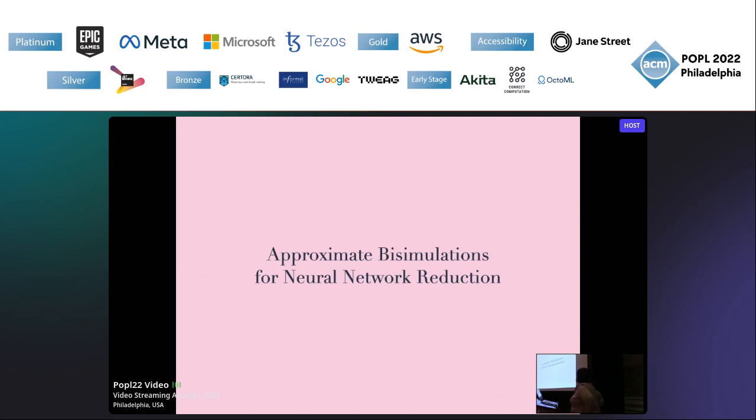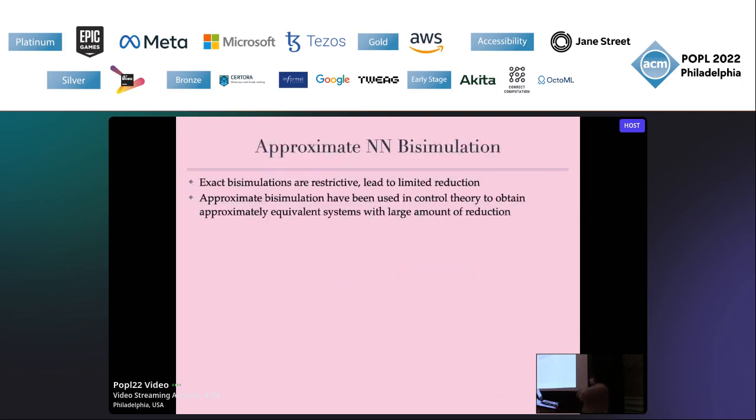All right. So when I started talking about NN bisimulation, you might have wondered that the notion that the biases match exactly and the presums match exactly seemed too restrictive. And yeah, it could happen that if we start looking for exact bisimulation, we might end up with very little reduction. So we relax the notion to something called an approximate NN bisimulation.